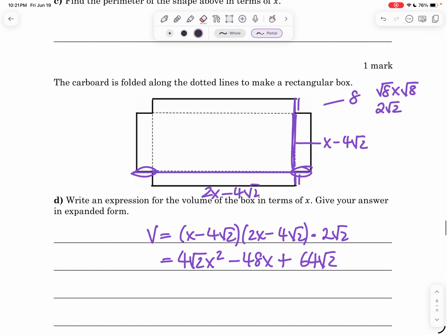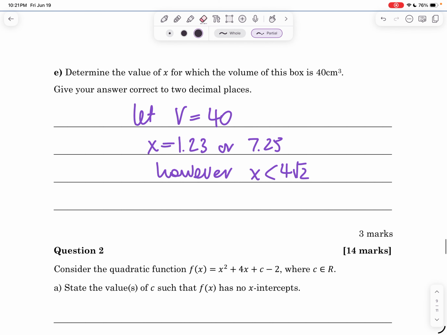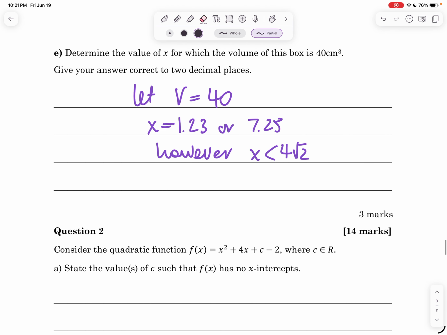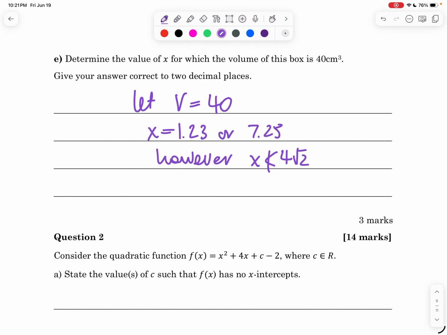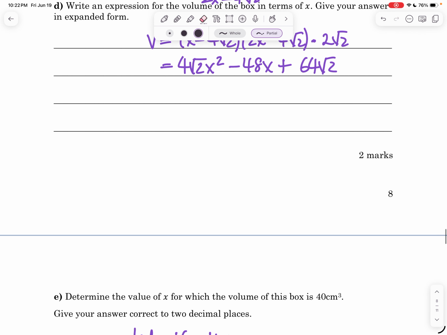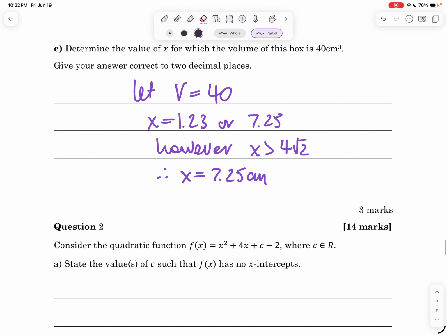Hang on a sec. No, x has to be greater than 4 root 2. So x is 7.25 centimeters. It's got to be greater, because if it was 1.25, when you subtract 4 root 2 you get a negative, and you can't have a negative side length.